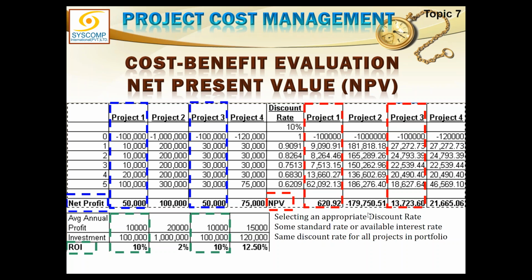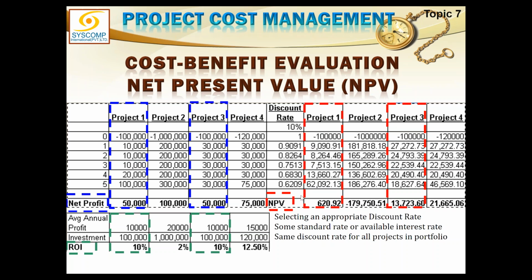That means this is a project in total loss. Project 2, whose net profit was showing very good, 100,000, is actually a total loss project. From the present value of money, this is absolutely going minus 1,79,000. Project 3 is 13,000. Project 4 is 21,000.